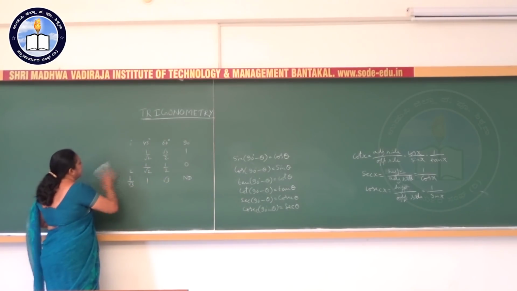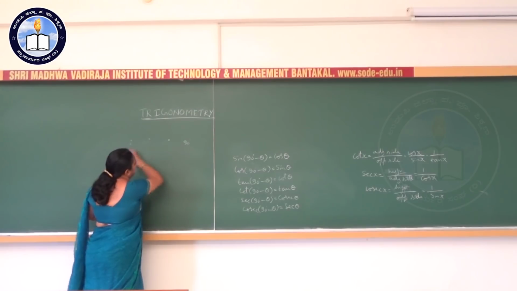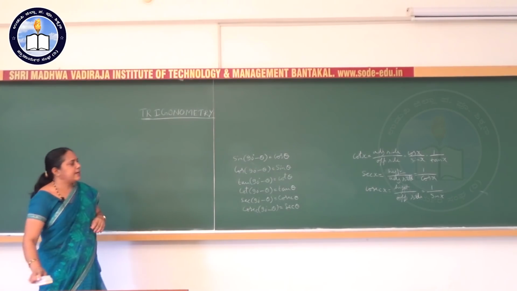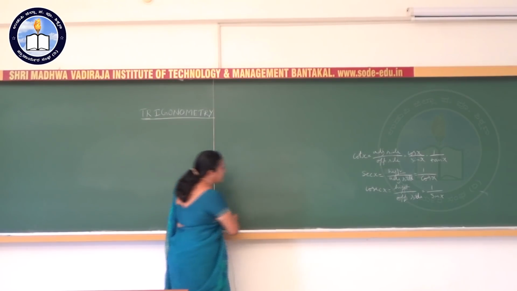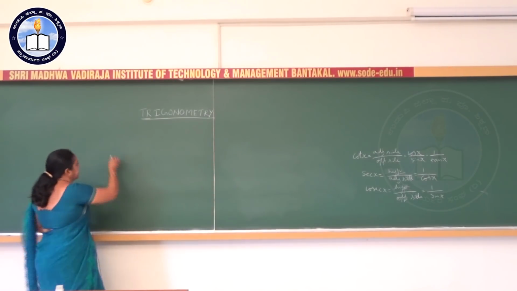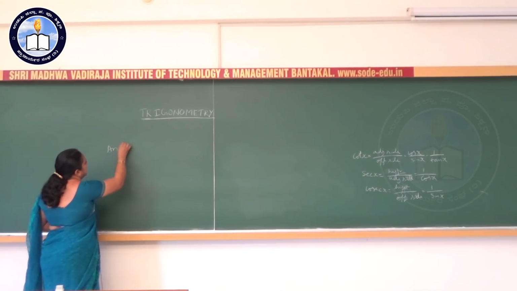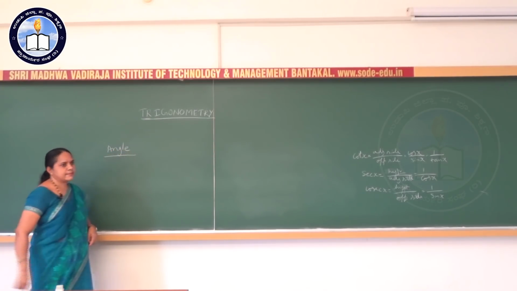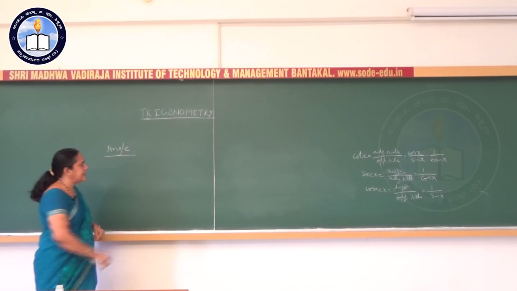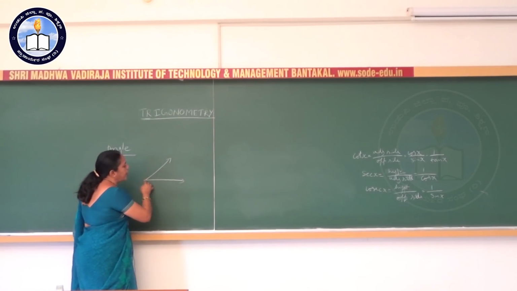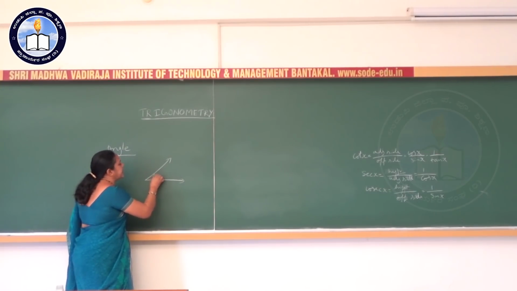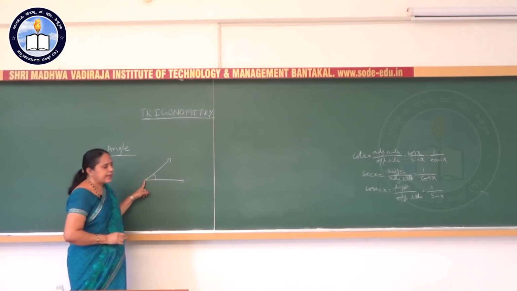Now, this year we generalize the concept of trigonometric ratios to trigonometric functions and study their properties. Now, first let us consider an angle. What is an angle? An angle is a measure of rotation of the given ray about its initial point.